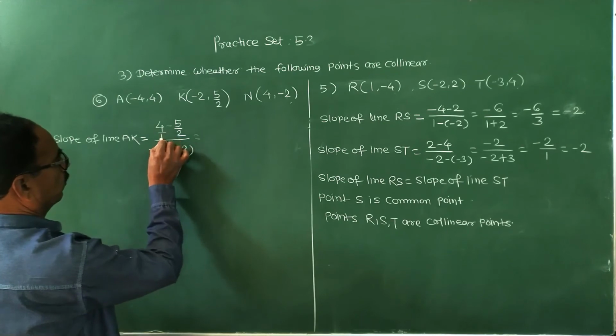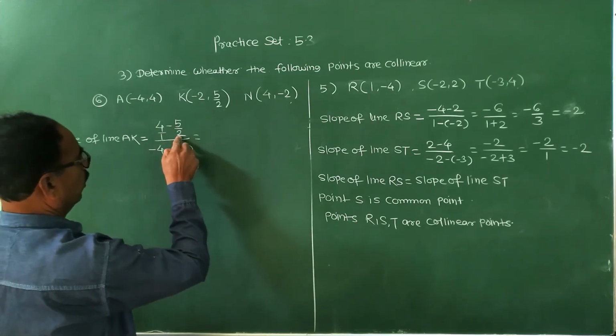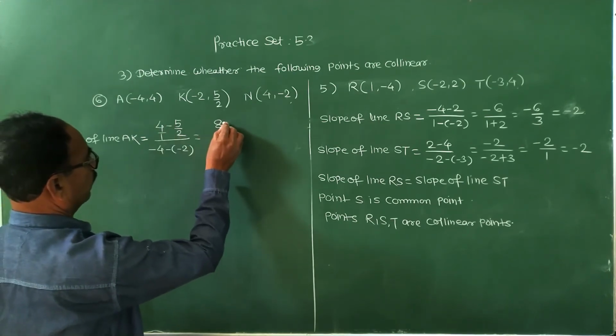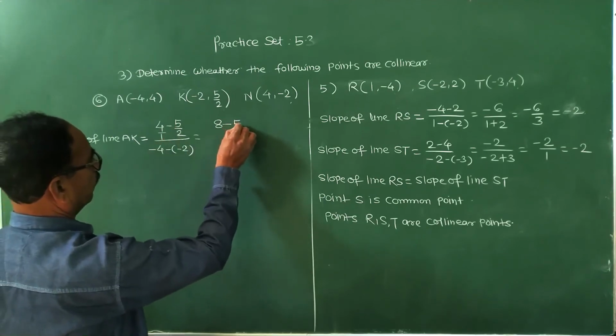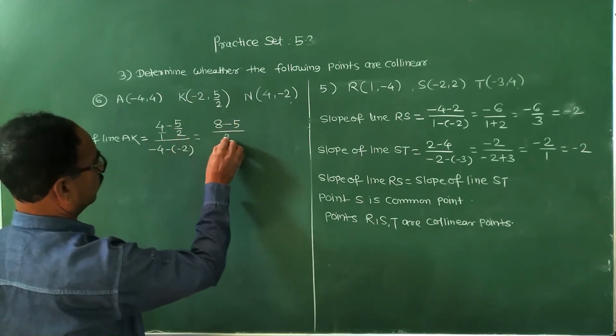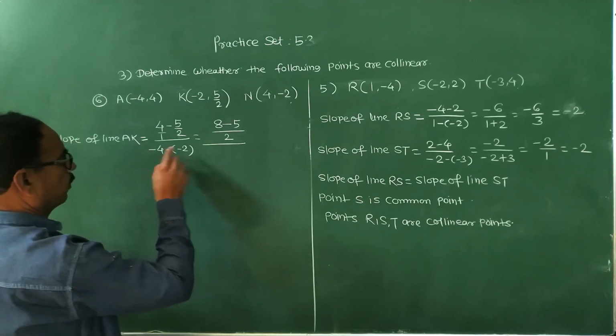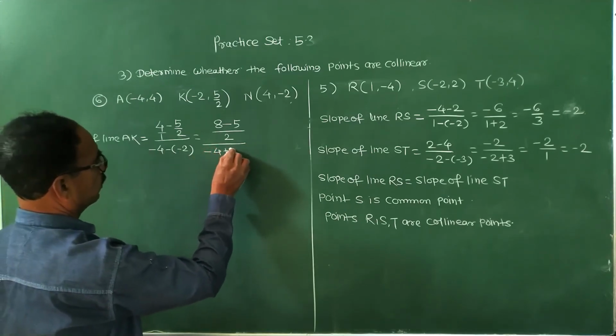So this we will solve. This will be equal to 2 into 4 is 8 minus 5 into 1 is 5 divided by 2 into 1 is 2 upon minus 4 plus 2.